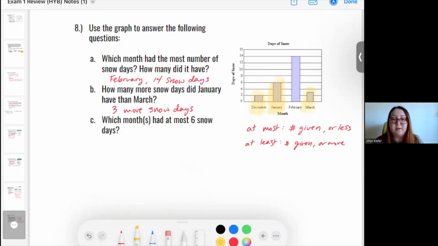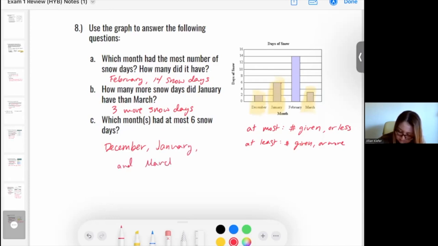So all those 3 months had at most 6 snow days, 6 or less. So which months had them? December, January, and March. So those were the months that had at most 6 snow days.